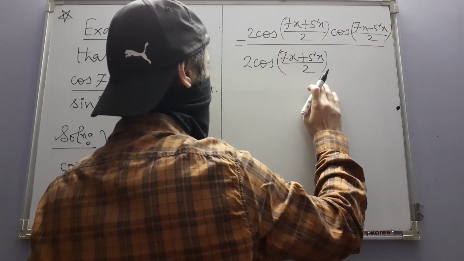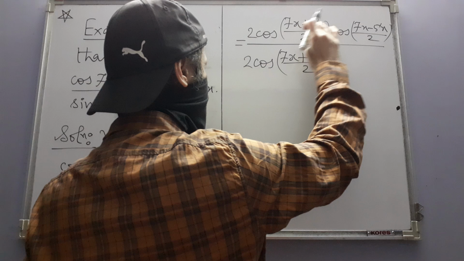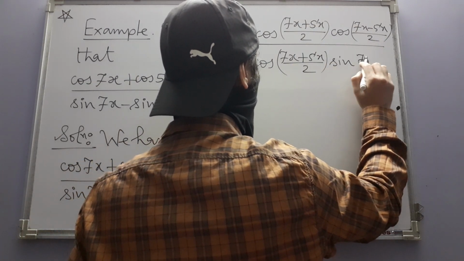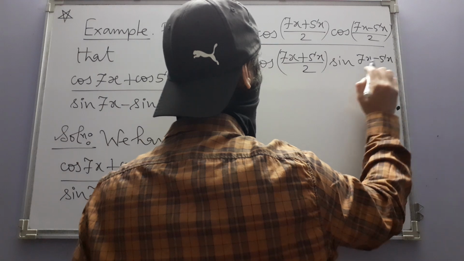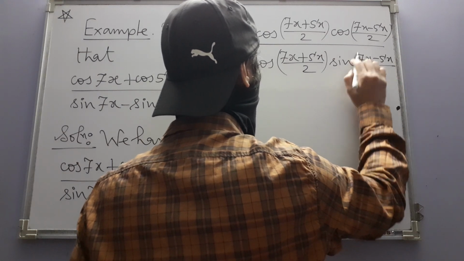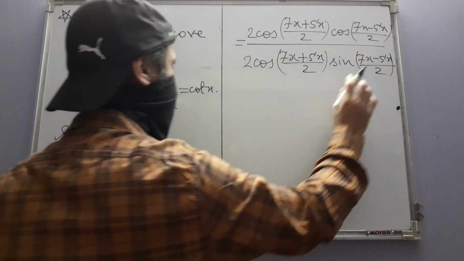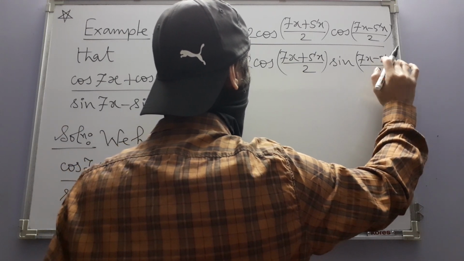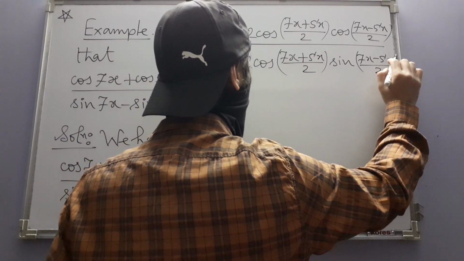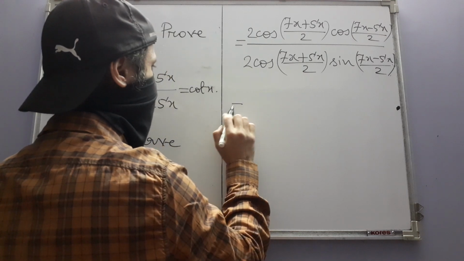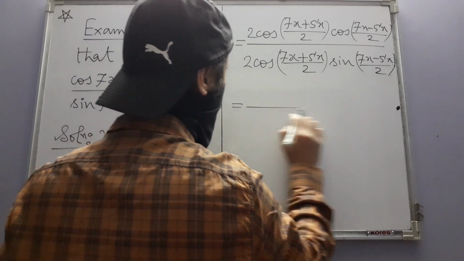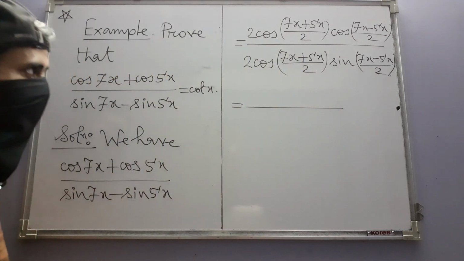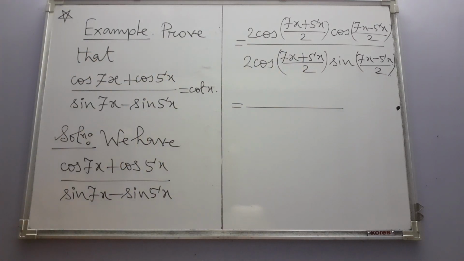These things don't change. It is always this first and this afterwards. 7x minus 5x divided by 2. Now, cosine of this and cosine of this, same thing, and 2, so they cancel out.